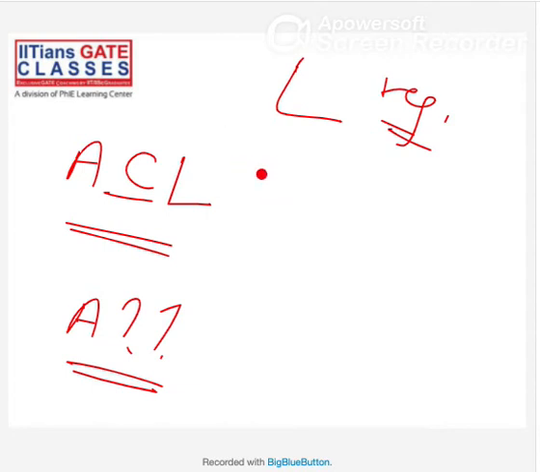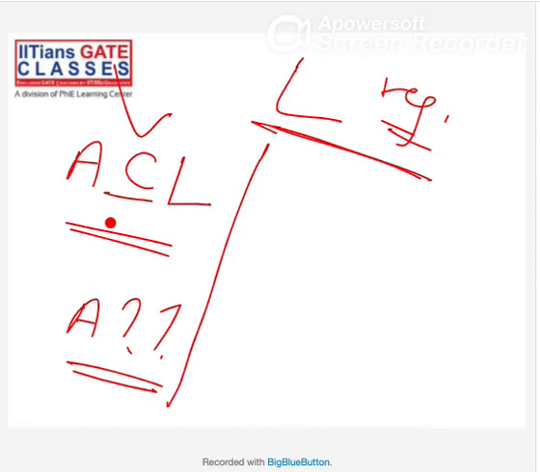Okay, let's see here. I told you L is a regular language. Assume that A is a subset of L. Now, can we say that A will be regular? No. Very easily we can prove it. Assume that L is sigma star. We know sigma star is regular, and we also know that every language is a subset of sigma star.